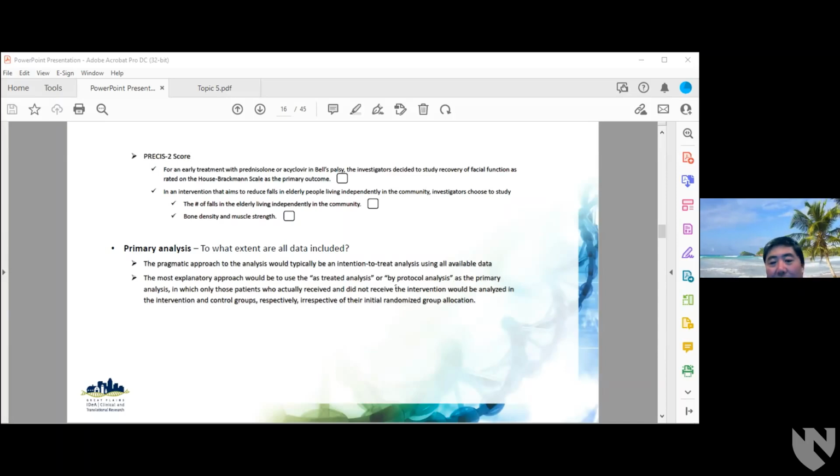And Ying, would that be similar to per-protocol follow-up analyses? Say it again, which one? For the explanatory approach, would it be more like the present at follow-up? I'm trying to think about that. Basically for the explanatory approach, you only include those people that actually got the treatment, right?